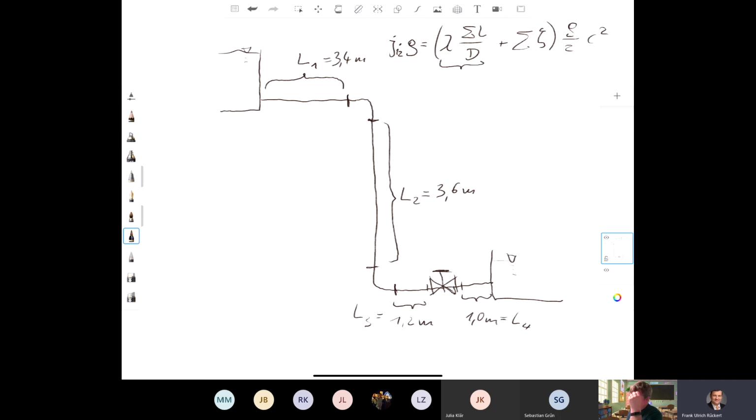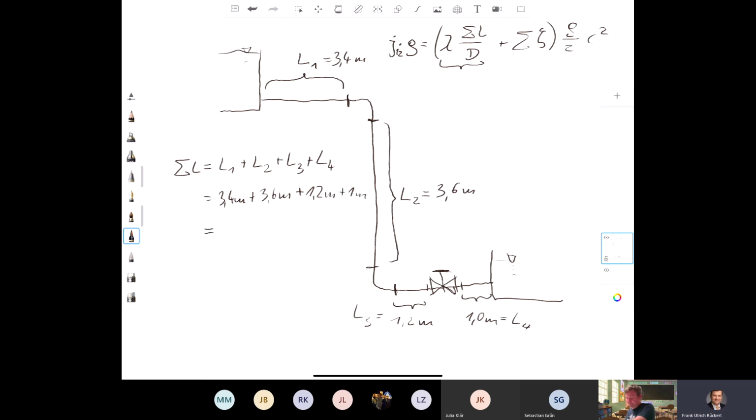And to define this term, the sum of L is L1 plus L2 plus L3 plus L4, and it is 3.4 meters plus 3.6 meters plus 1.2 meters plus 1 meter.